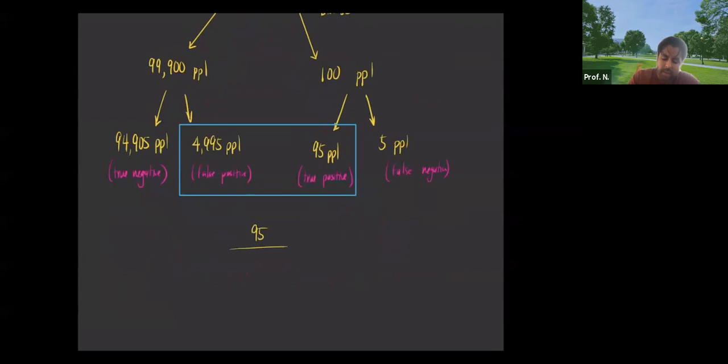So 95 out of 4,995 plus 95. So 95 people out of a total of 5,090 people. And if you calculate this, this is exactly the probability that we discovered.